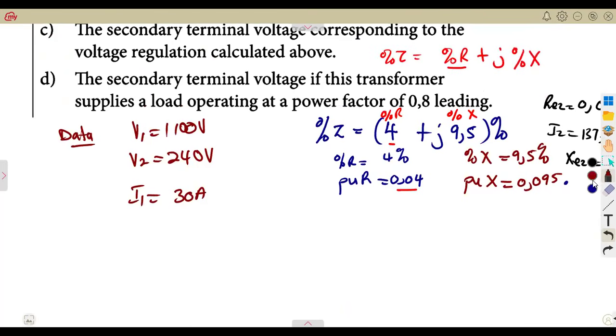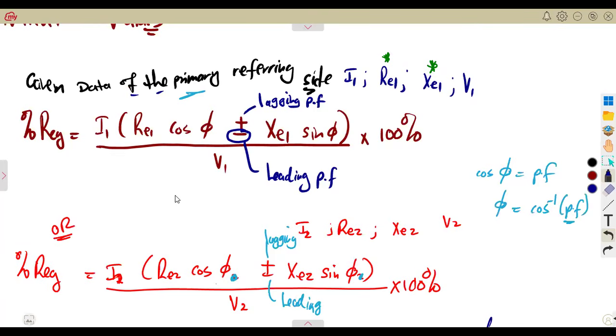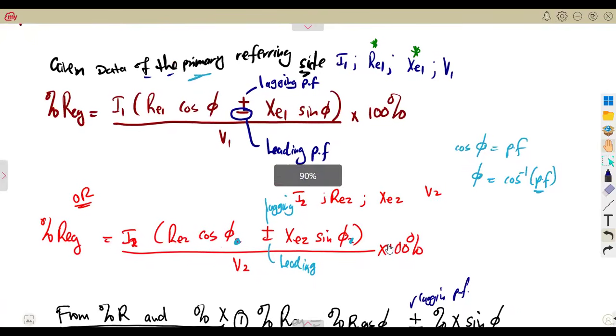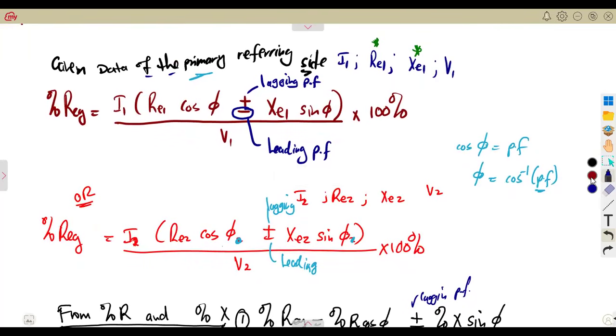Okay, that's our part B. We need to calculate the percentage regulation at a power factor of 0.8 lagging. Percentage regulation is the major part of our class, remember. I said percentage regulation can be calculated from this formula. In this case, we are using values of the secondary side, so you're going to use this formula where you've got I2, these values of the secondary side.